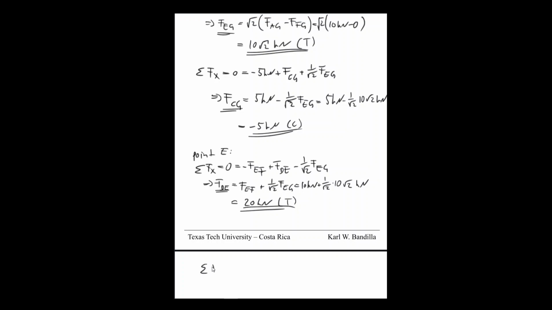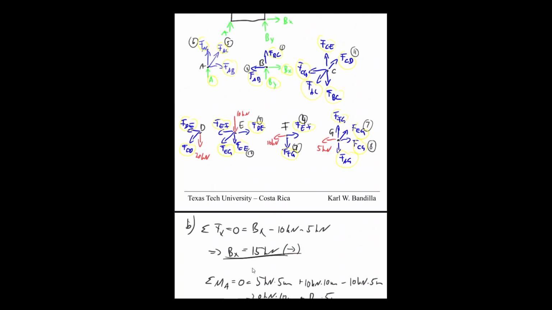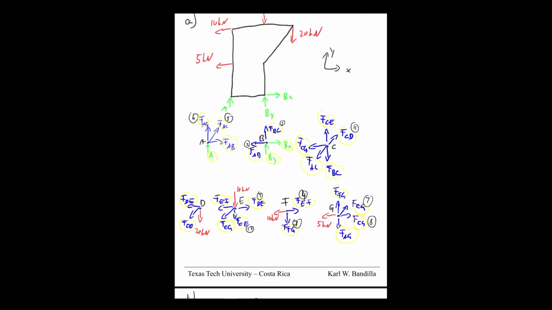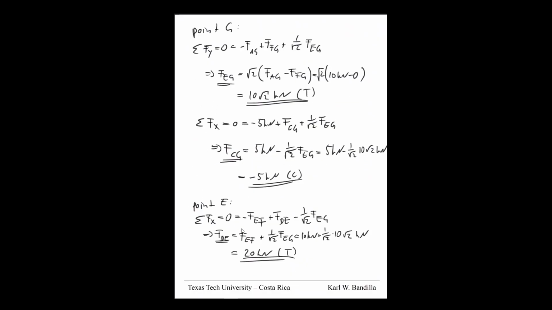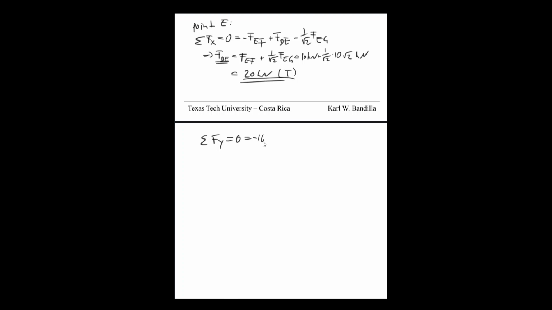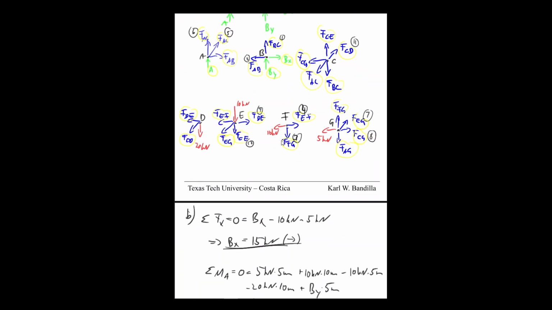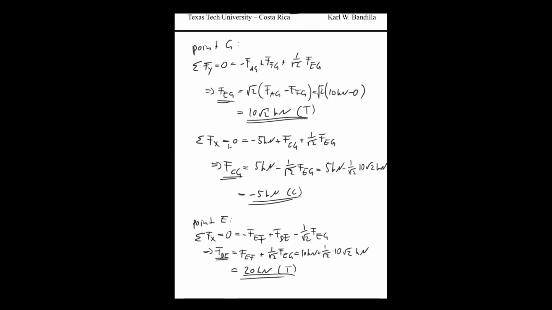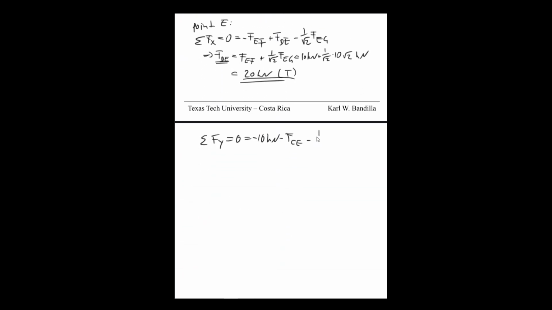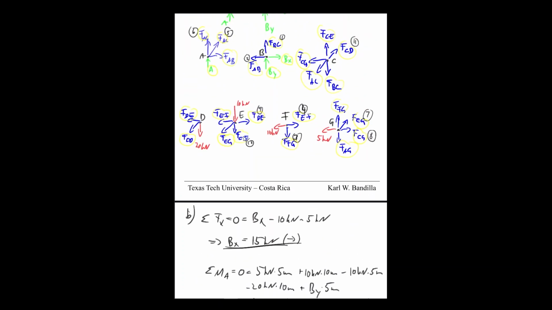Then sum of forces in the y direction is equal to 0. Still at point E. That would be minus 10 minus FCE, which we're looking for, and then we have one at an angle. We have FEG at an angle, so minus 1 over the square root of 2 FEG. CE and EG, right? All right.